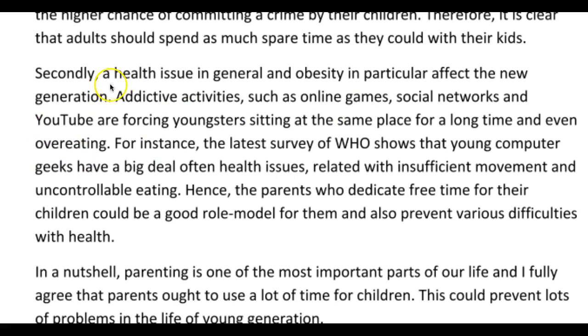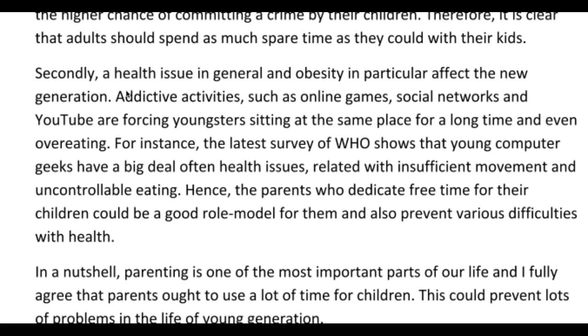If we'd have said a lack of parenting often pushes children or adolescents to addictive activities such as online games, social networks, and YouTube, full stop, or a lack of parenting time often pushes children to addictive activities such as online games, social networks, and overeating. Okay?